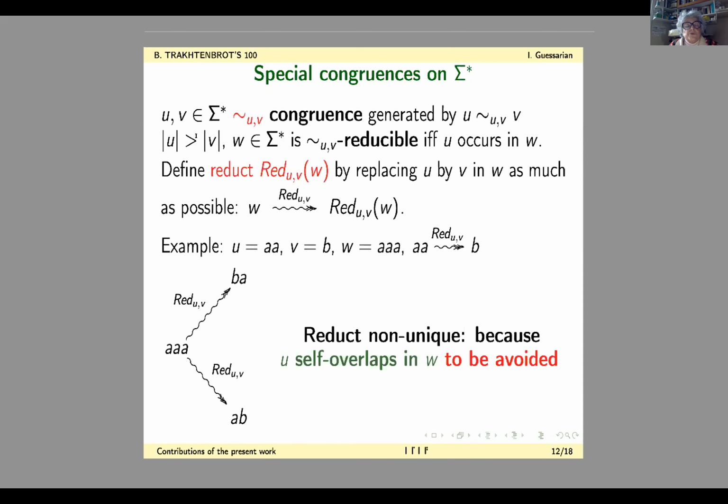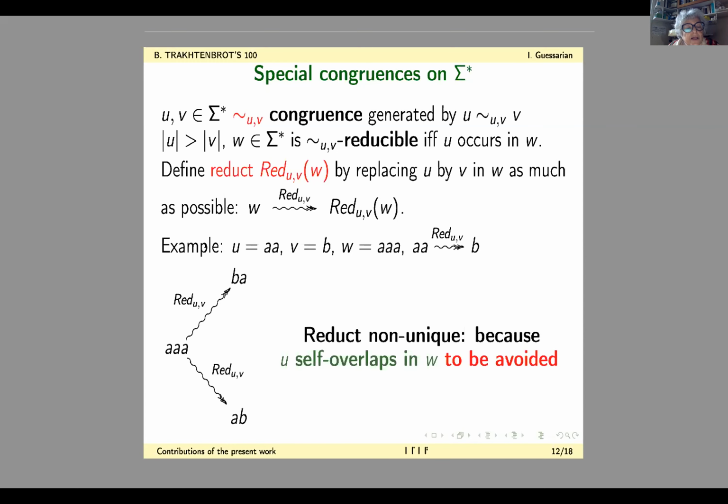So a word w is uv-reducible if and only if u occurs in w. And then we reduce w by replacing u by v as much as possible to obtain the shortest possible word equivalent to w. But it's not so easy.